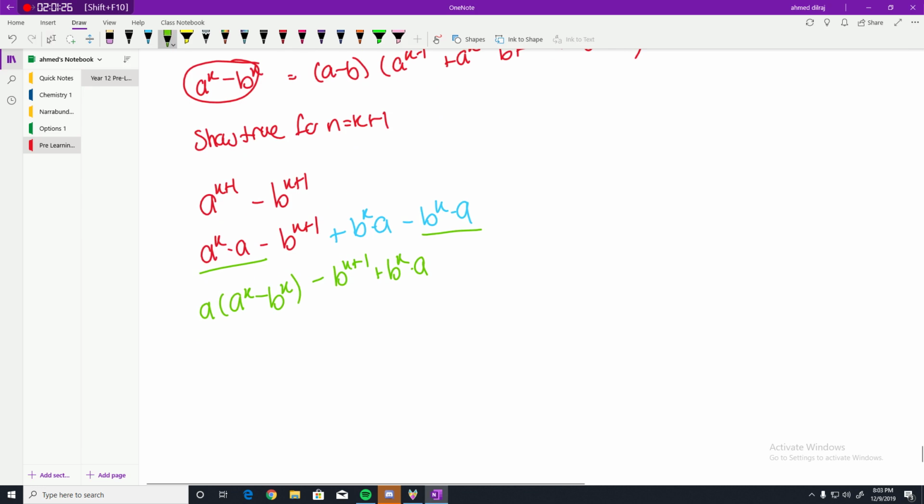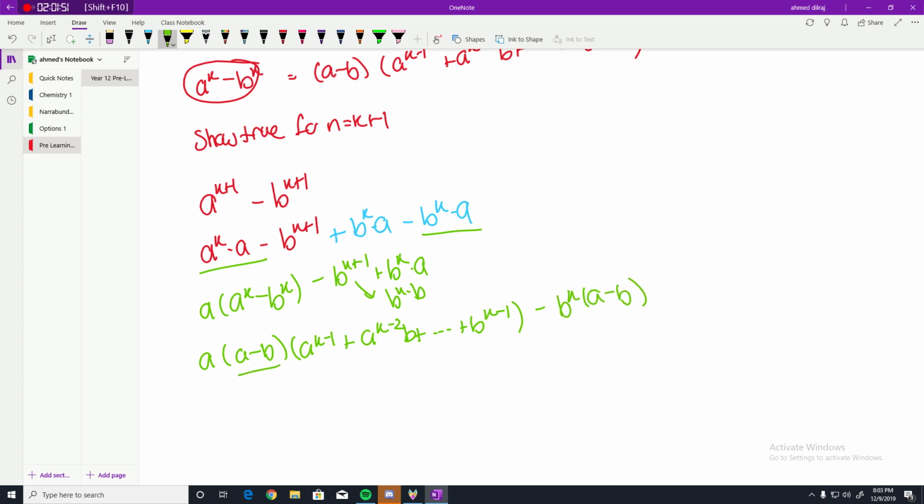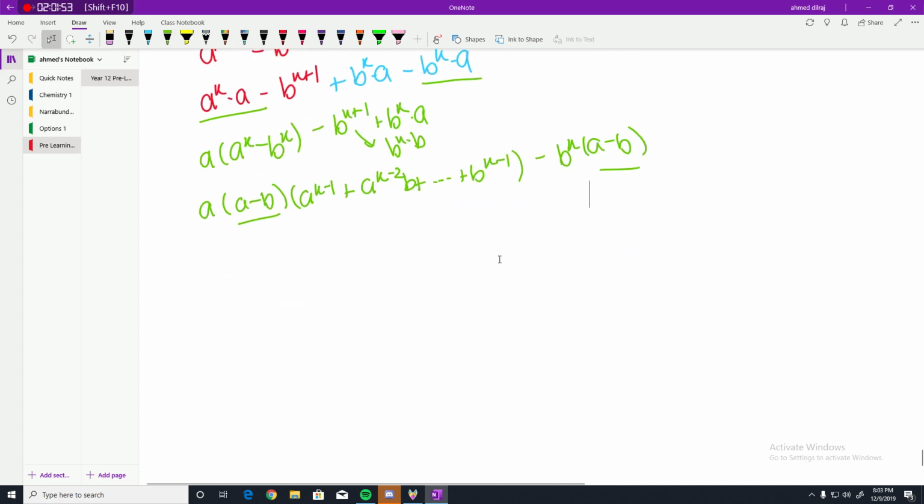So over here, I get a minus b times a to the k minus 1 plus a to the k minus 2 b plus all the way plus b to the k minus 1, right? Minus, now over here, I'm going to take out a b to the k. So remember, b to the k plus 1 is b to the k times b. So we can take out a b to the k in common, and we get a minus b. So you can see an a minus b is common between these two, so I can take that out too.